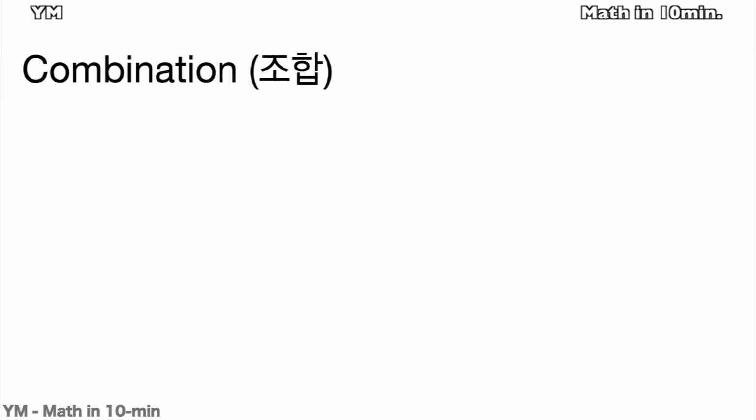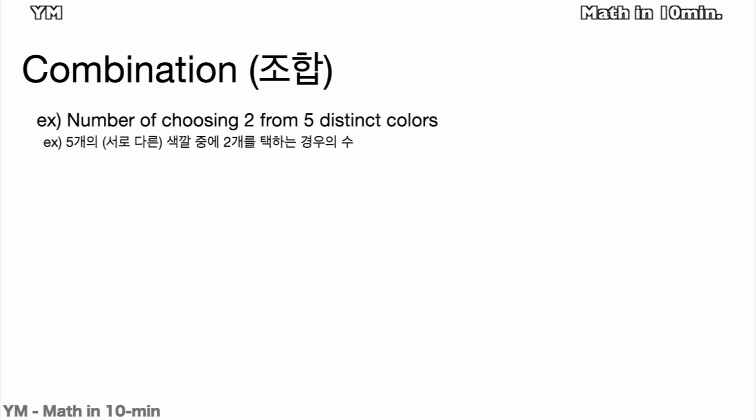The next is the combination. While the permutation is choosing and then arranging, the combination is counting only the way to choose and does not consider the arrangement. This problem is an example of the combination. Let's count the number of choosing 2 from the following 5 colors. As I suggested previously, let me directly count the cases.